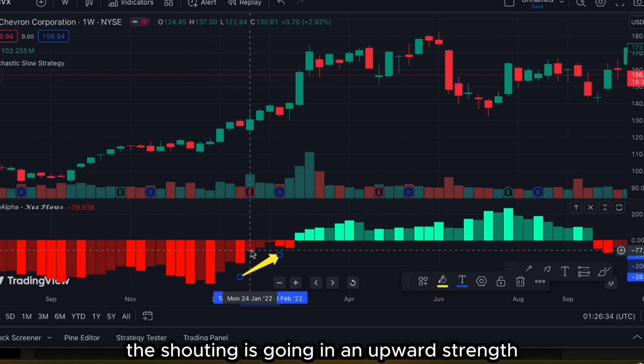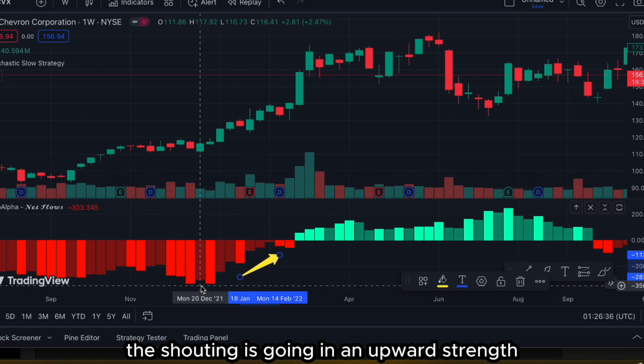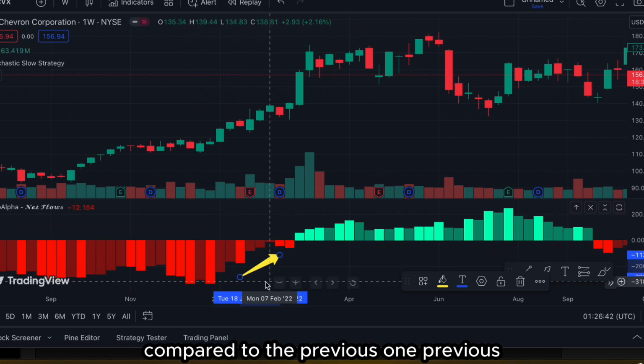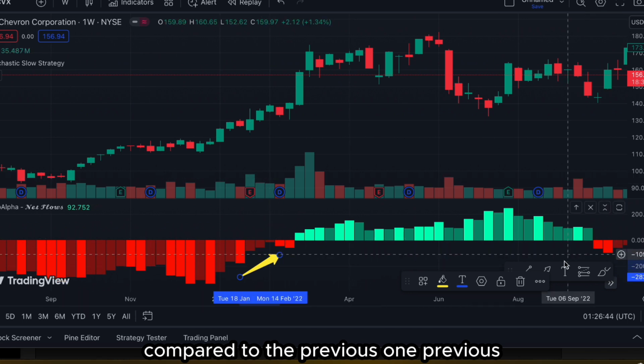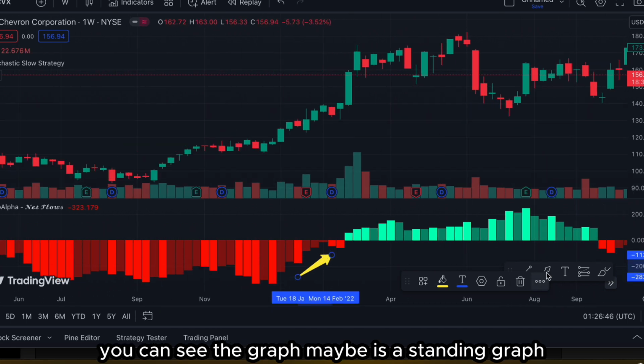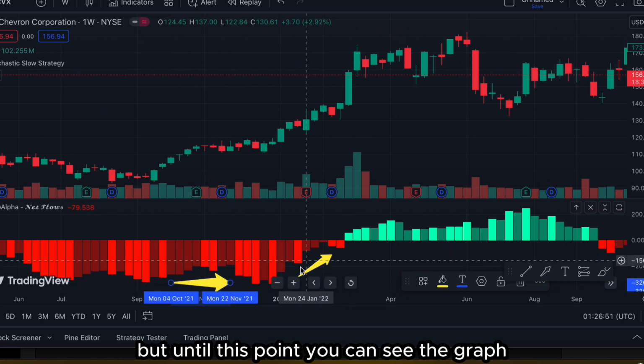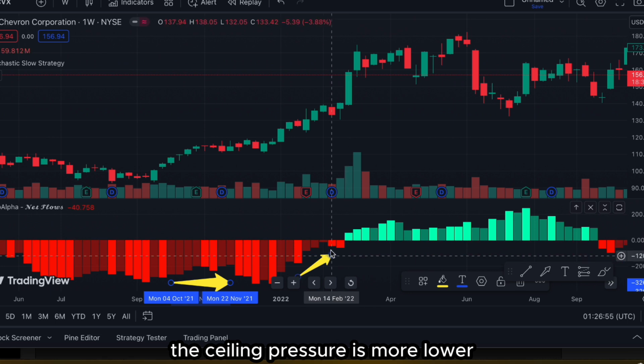For example, at this point, you can see the selling is going in an upward trend, which means the selling pressure is lower compared to the previous one. Previously, you can see the graph maybe is a stagnant graph, but until this point the selling pressure is lower.